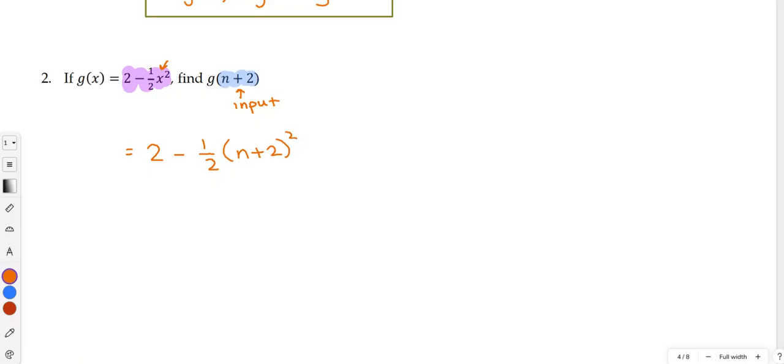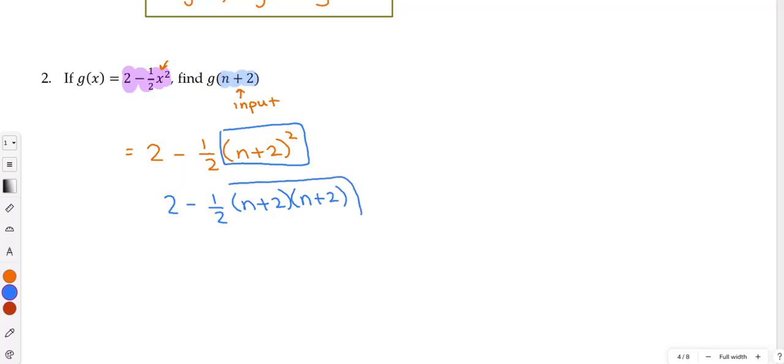I'm going to follow my order of operations. Order of operation tells me to do this piece first, so I'm just going to do 2 minus 1 half times n plus 2. I'm going to show a lot of work here. Why not? Expanded. Still working with the same piece. I'm going to distribute. So we got 2 minus 1 half, parentheses, n times n squared.